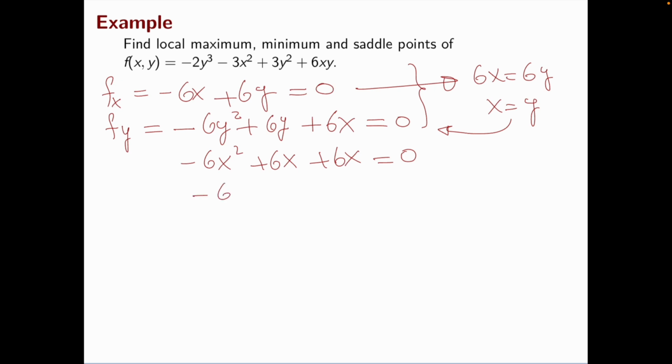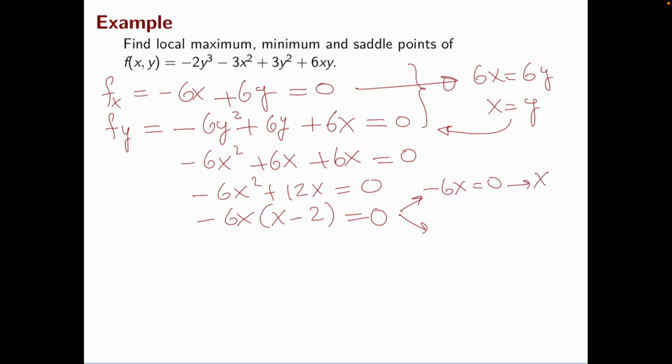Solving this equation, we get that 6 plus 6 is 12x, so minus 6x squared plus 12x equals 0. We take minus 6x as a common factor: x minus 2 equals 0. So the two solutions here will be minus 6x equals 0, which gives us x equals 0, or x minus 2 equals 0, which gives us x equals 2.